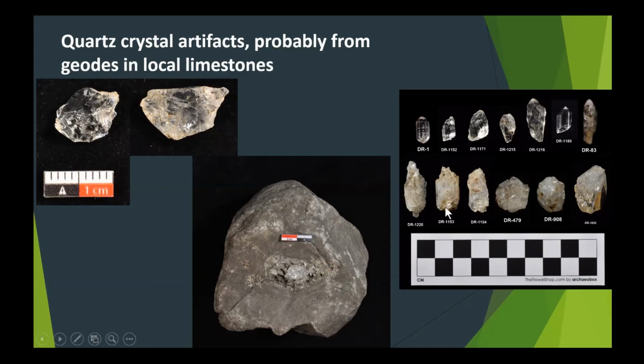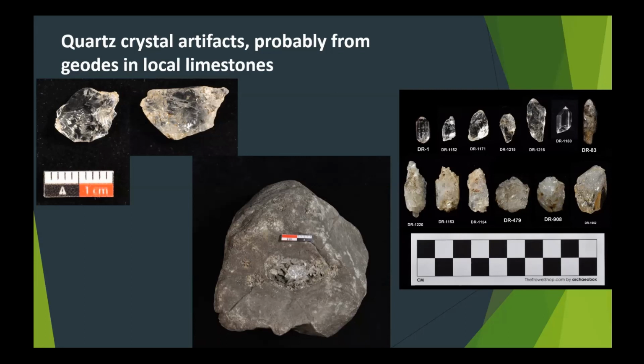And they seem to be processing these geodes and trying to extract these small quartz crystals. And then the question is, what do they do with them? They're not necessarily working them. I thought at first they were trying to use them bipolarly, but they're mostly crushed on the ends. And what I proposed in the Drillers volume, the book that was published on Drillers, is that they may actually be used in rattles or to create what's called piezoelectricity, which is when you hit quartz crystals against each other, they make light.